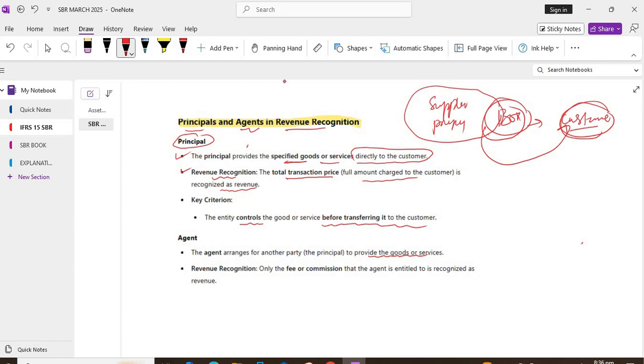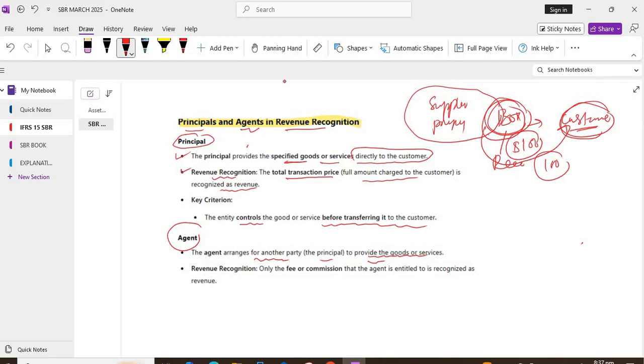So the box control is with you before transferring it to the customer, so you have to recognize revenue for this. Let's say you are selling this for $100, then you will recognize the full total transaction price of 100 as your revenue.